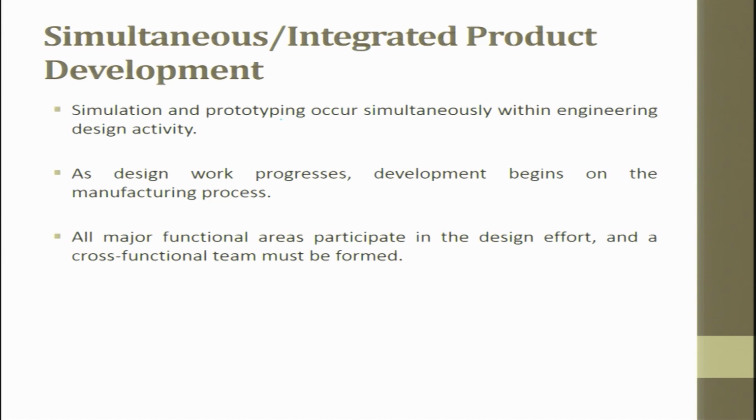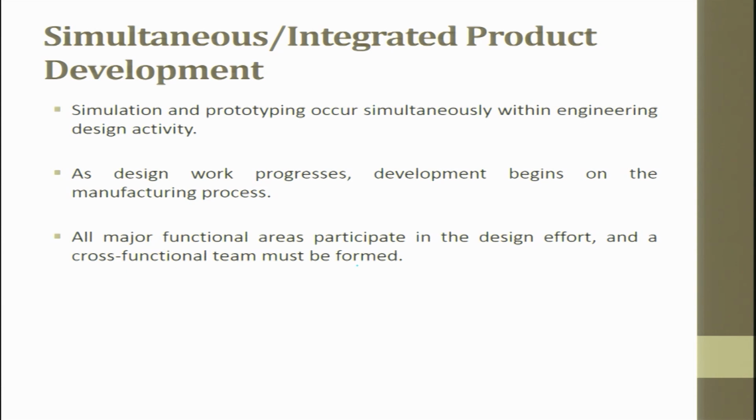Simulation and prototyping occur simultaneously within the engineering design activity. As design work progresses, development begins on the manufacturing process. All manufacturing functional areas participate in the design efforts, and cross-functional teams must be formed.